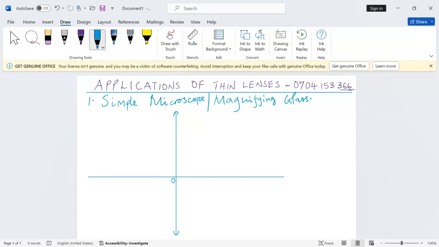Then now I would like to identify what we call the principal focus of the lens. On one side we can have our F at this point, so that we have 2F, or rather the center of curvature at another point there.